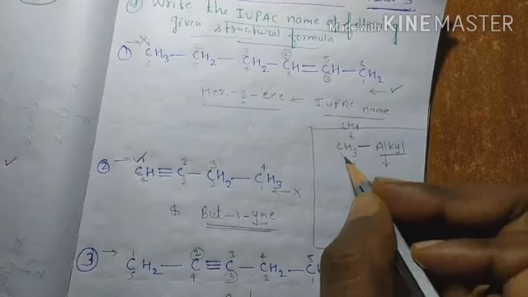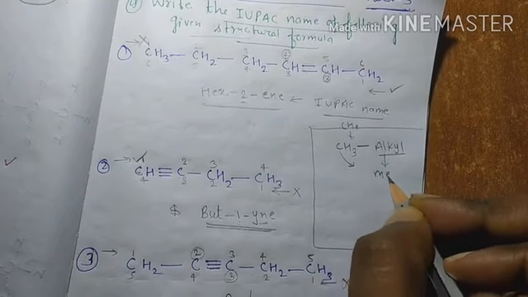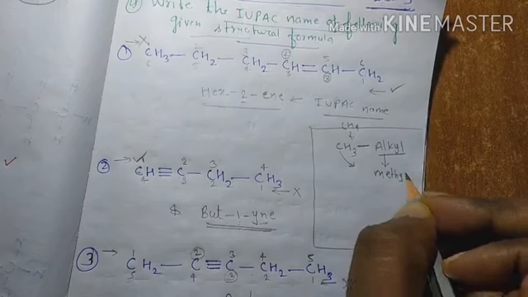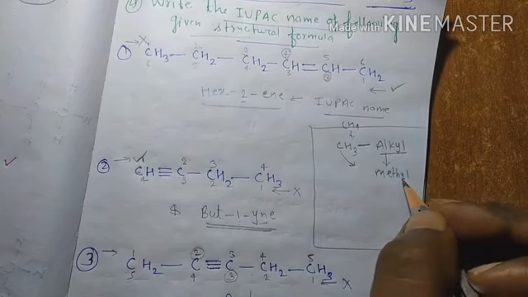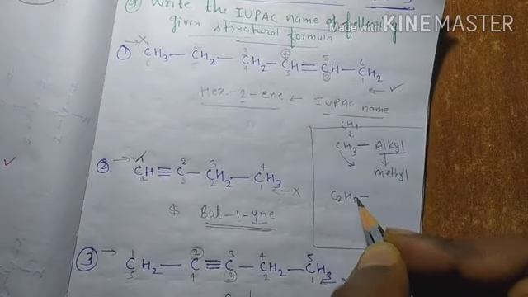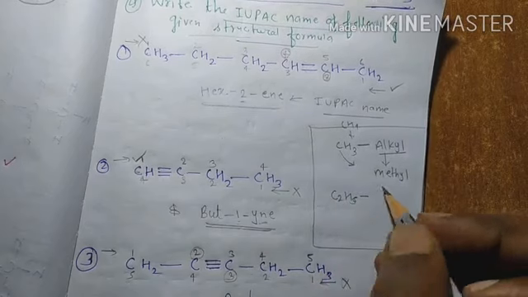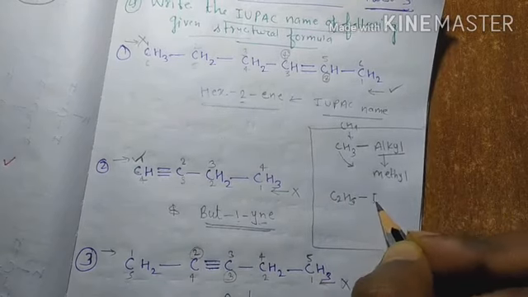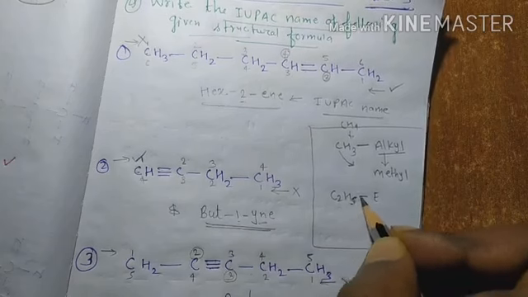In alkyl, we will say methyl. If we write C2H5 with a single bond, this is ethyl. This functional group is ethyl.